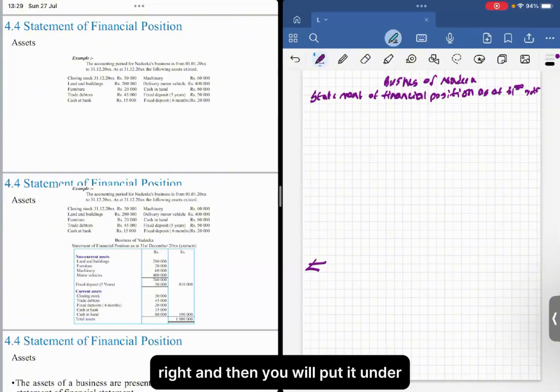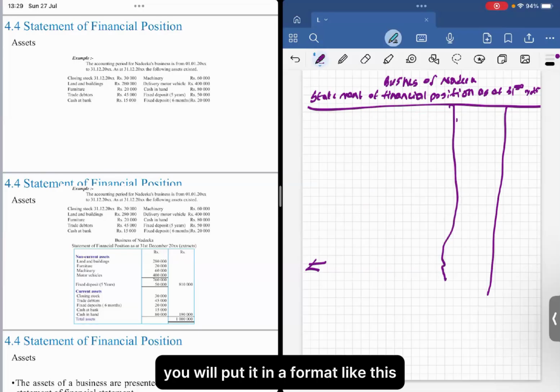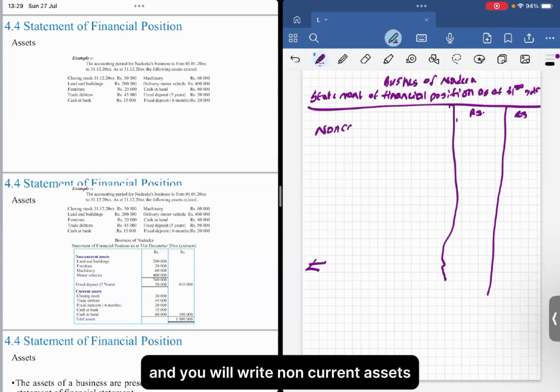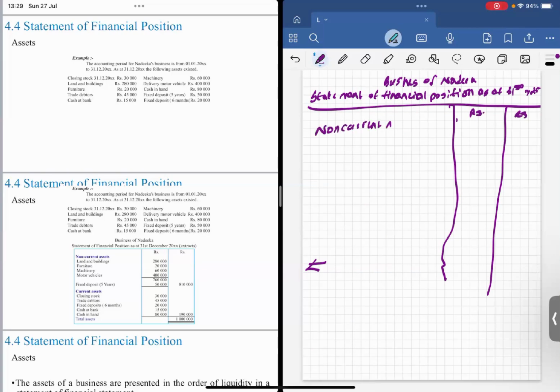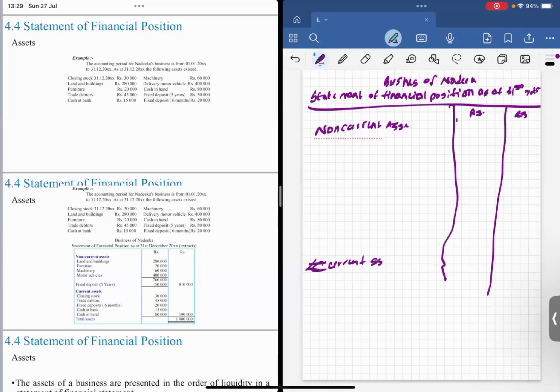And you will put it in a format like this. You will write non-current assets, and then current assets.